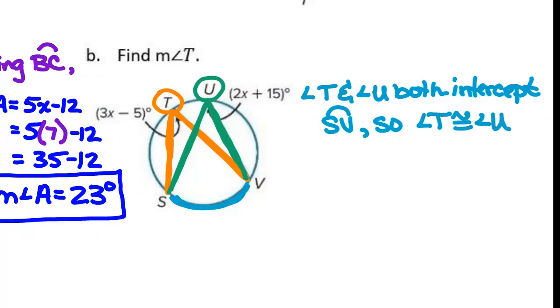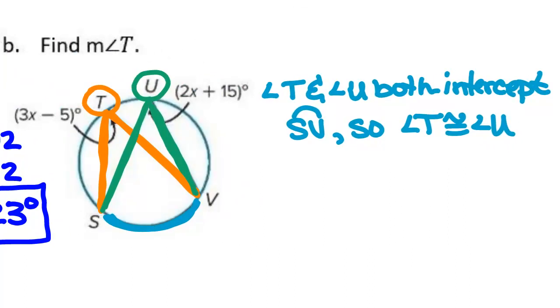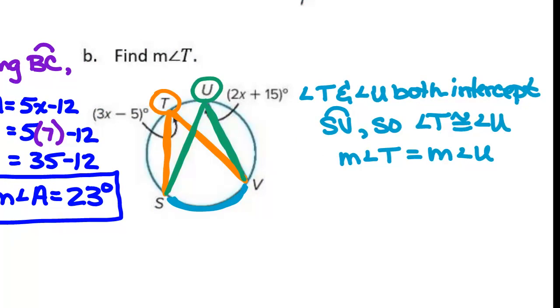Which means we can do what with their two measurements? Set them equal. The measurement of angle T equals the measurement of angle U. Angle T is 3x minus 5. Angle U is 2x plus 15.